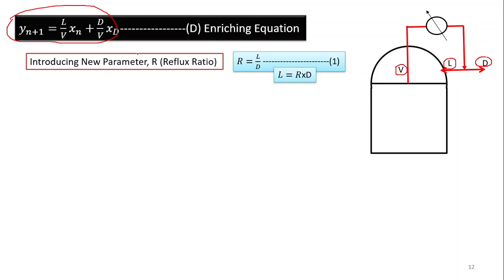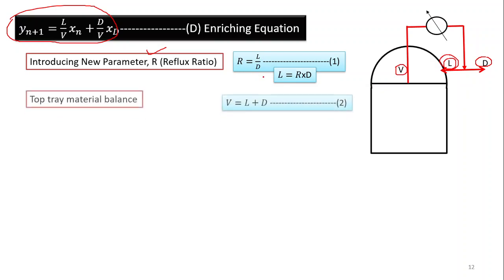For that we introduce a new parameter, R. R is known as the reflux ratio, defined as the ratio of L upon D. The significance and importance of the reflux ratio will be discussed in a later slide, but here we apply this concept. R is equal to L upon D, so if you rearrange, L is equal to R into D, simple.